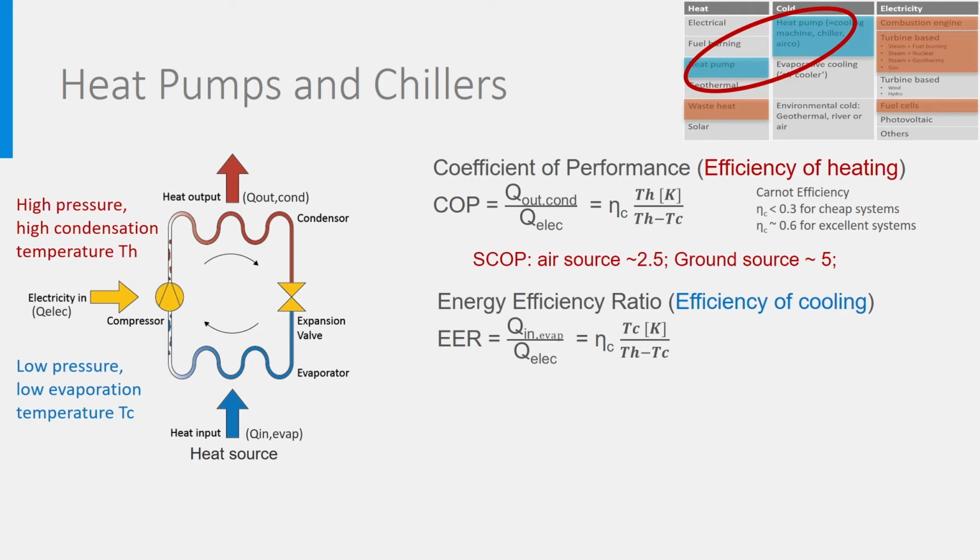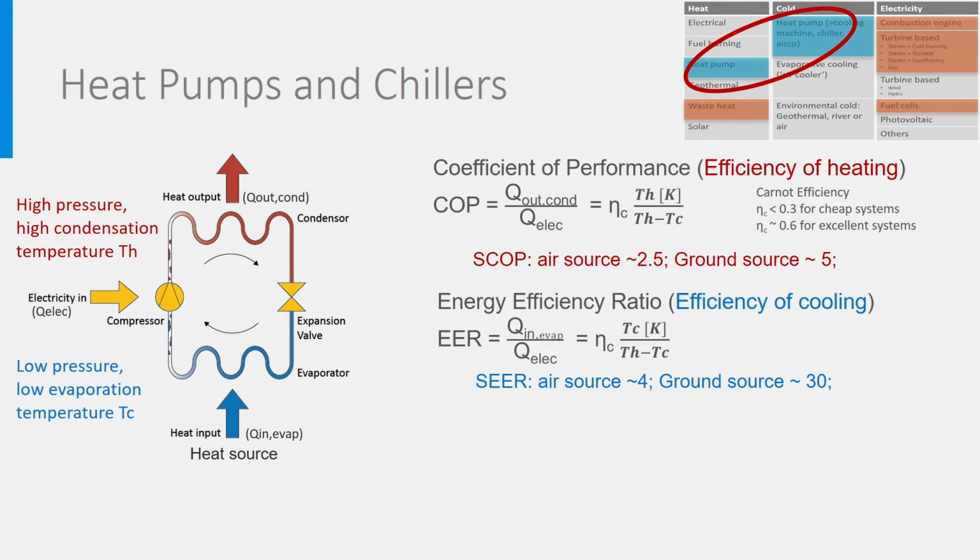Here too, high temperature cooling and the possibility to reject the heat at a low temperature will increase the EER. Nowadays, air-to-air chillers can show an average seasonal EER of around 4, while a ground sink chiller could achieve a SEER of 30. Please also note that instead of using an electrical compressor, it is possible to use a waste heat-driven compressor in a so-called absorption chiller or heat pump.